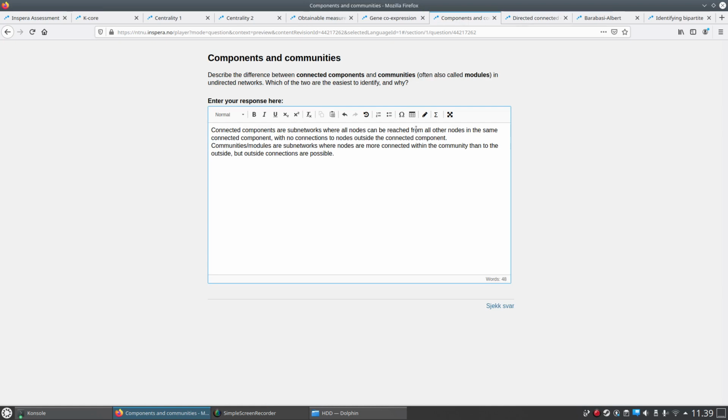And so the question of which is the easiest to identify, connected components or communities, it's connected components. Because a connected component has a very strict, clear-cut binary definition. You can essentially find it by just starting at any random node, looking at all its neighbors, adding them to the connected component, and then going through all their neighbors, and so on until you run out of nodes.